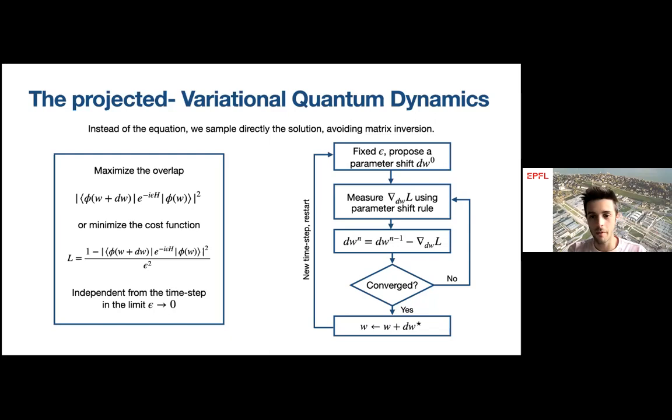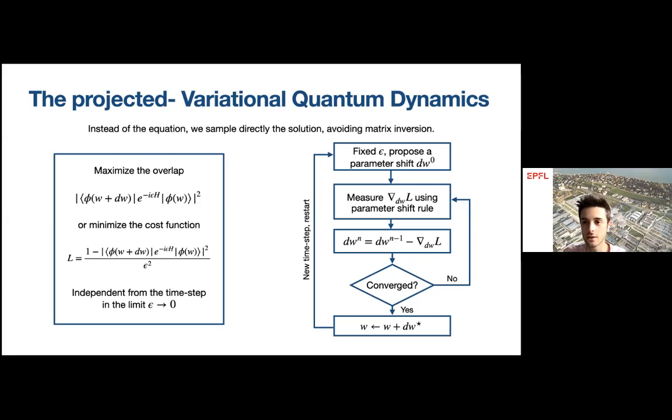Then we update our parameters with a gradient descent algorithm, and we check if our calculation has converged based on some convergence criteria. For example, the overlap has to go to 0, so maybe we fix an overlap threshold.